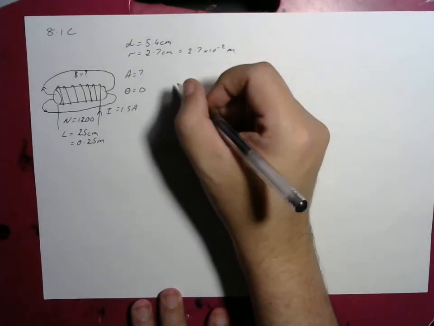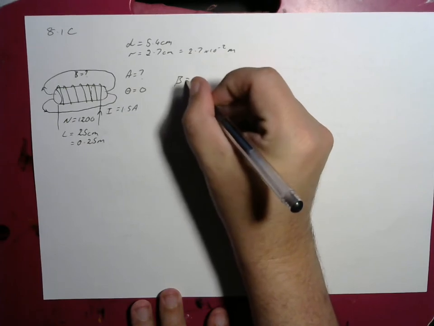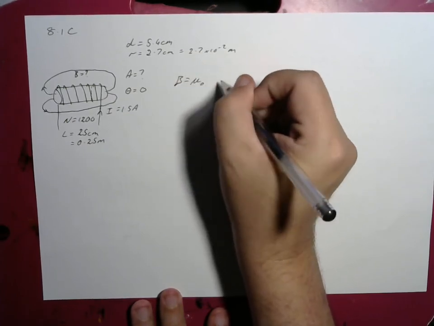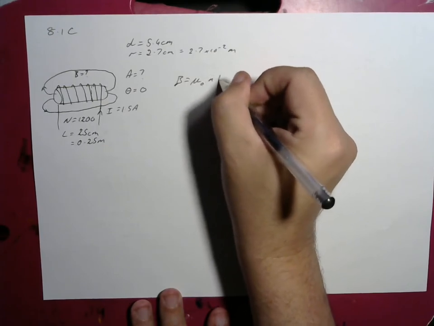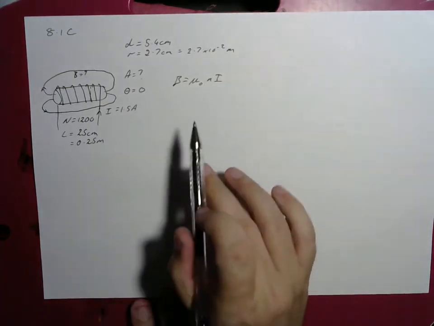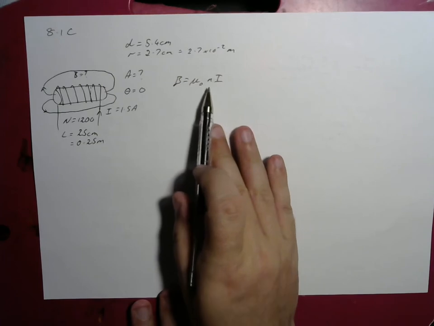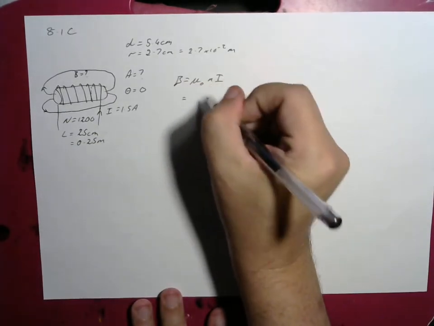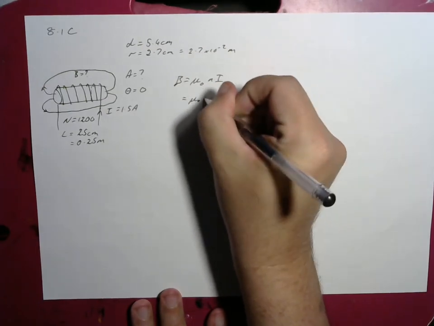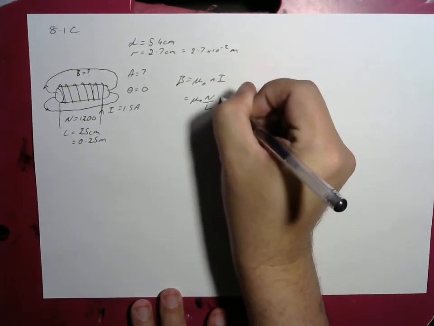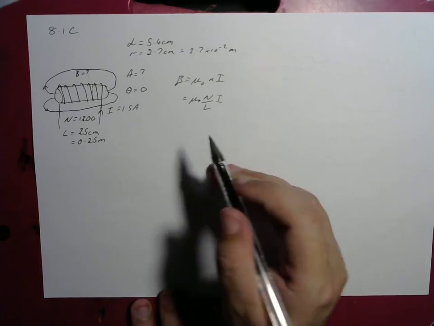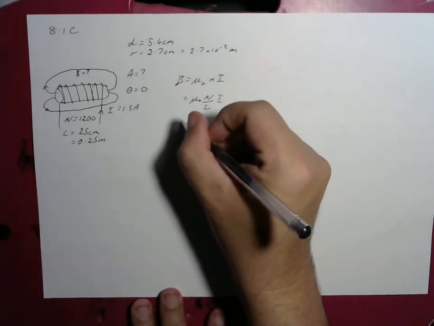Okay, now our magnetic field formula for a solenoid, B equals mu naught n I. Now remember, this is what you're given, okay, but this n is the ratio of N to L, so I always like to rewrite it, mu naught capital N over L times I. This way we can just substitute everything in.